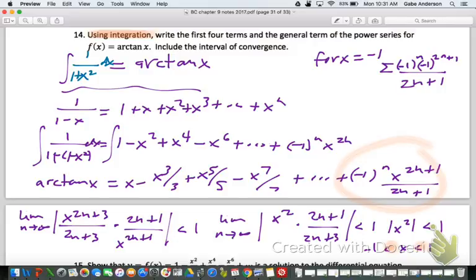I'll do a couple of test values. If n is 0, the top would be 1 times negative 1, so that would be a negative. If n is 1, it would be negative 1 times negative 1, so that would be a positive. So based on that, it looks like it's going to go negative, positive, negative, positive, negative, positive.